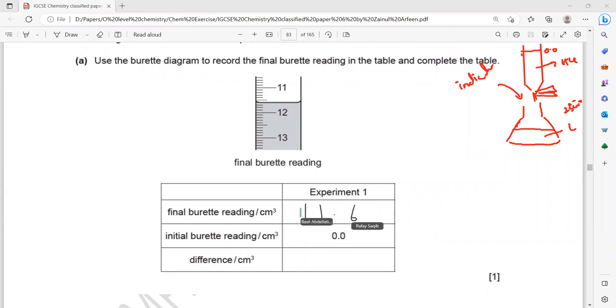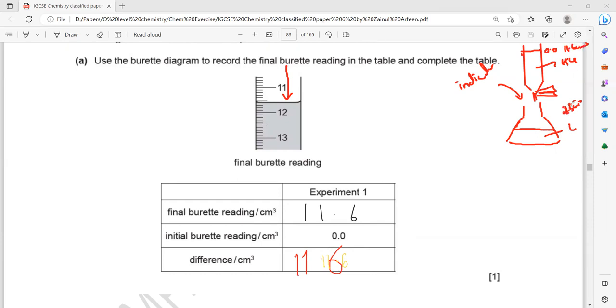It is 11.6, not 12.4. Whenever we are reading, that's a common mistake. When we are reading a burette, we read from top to bottom. So how much volume is removed? This is 11, 11.5, then 11.6. The difference in the volume is the final minus initial, so 11.6. So how much HCl is needed for the first reaction? The first reaction needs 11.6 cm cube of HCl.